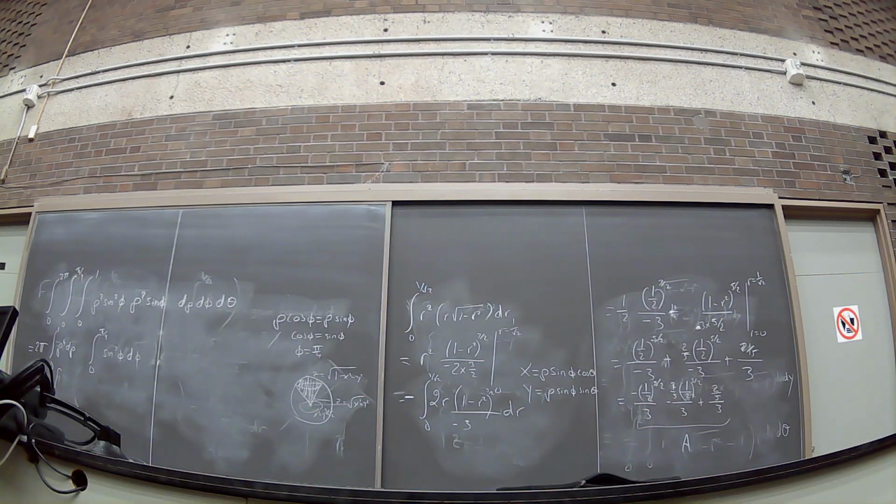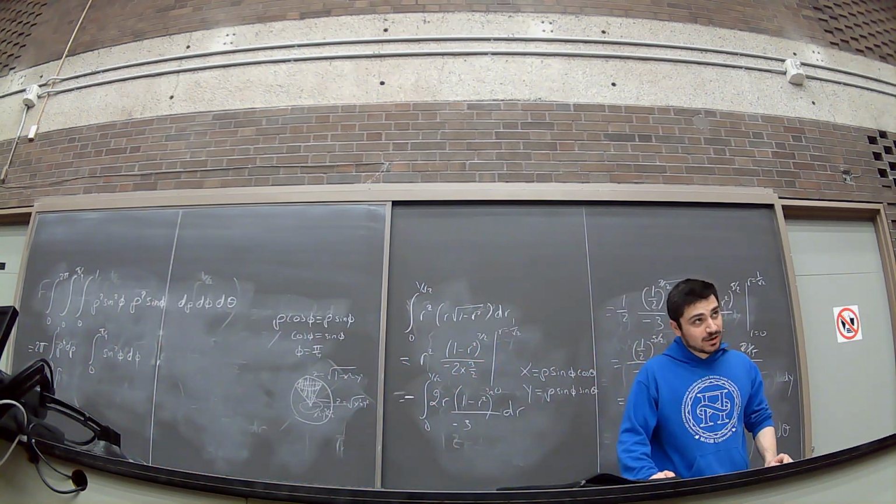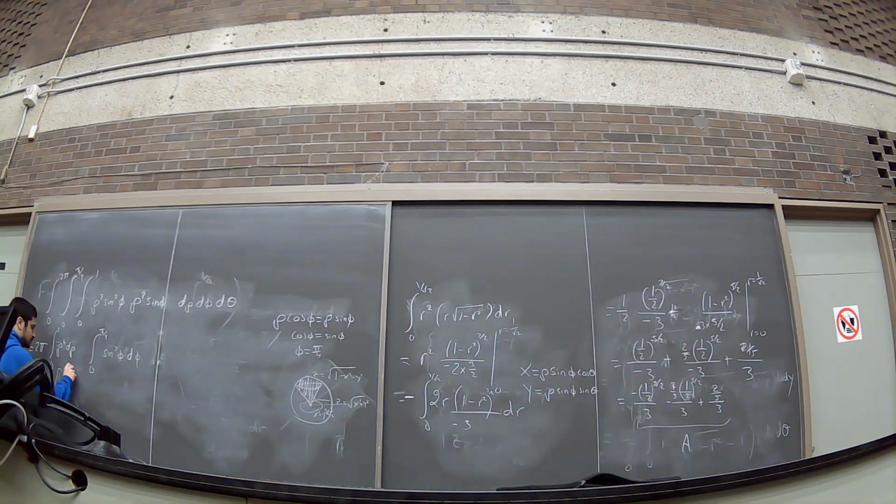And how do I integrate sine cubed? Sine squared times sine. So it's 1 minus cos squared times sine, right? So you get 2 pi over 5. Let's see. So we integrate sine phi from 0 to pi over 4. So it's minus cos phi from pi over 4 to 0, and this is minus root 2 over 2 plus 1.